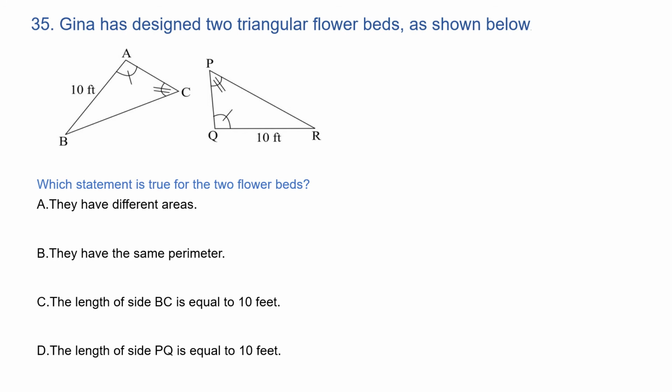So angle A is congruent to angle Q, and angle C is congruent to angle P because they both have the congruence marks. And we have 10 feet, so they have 2 congruent angles and a congruent side. So these triangles are congruent by angle, angle, side, actually.